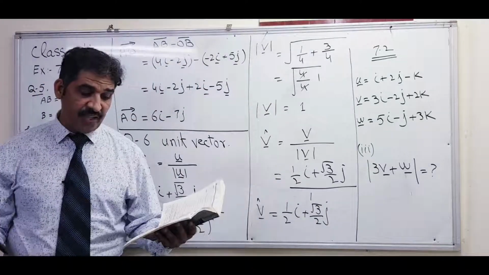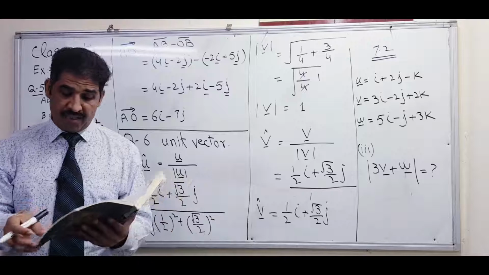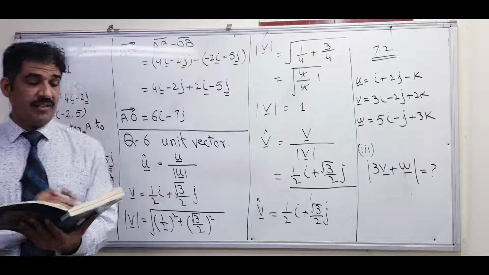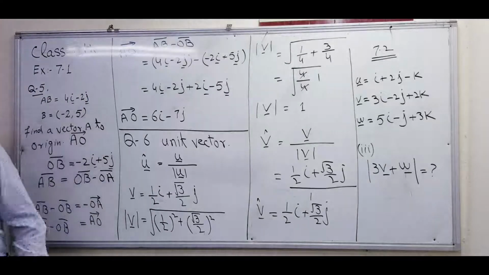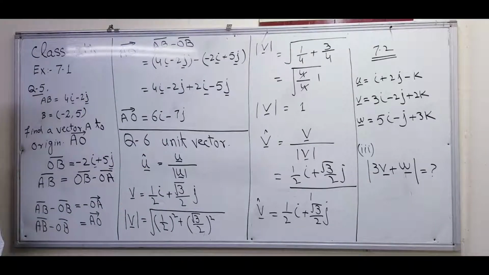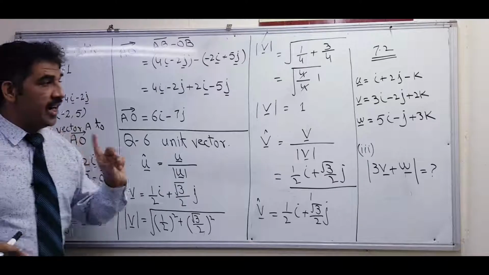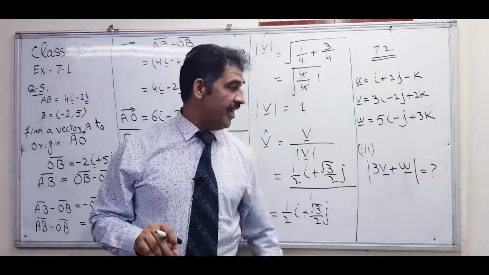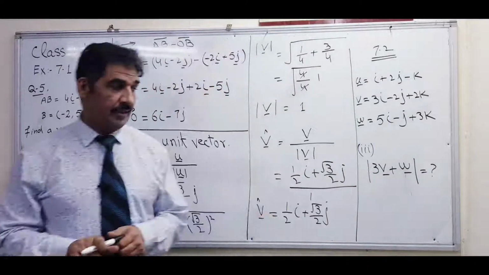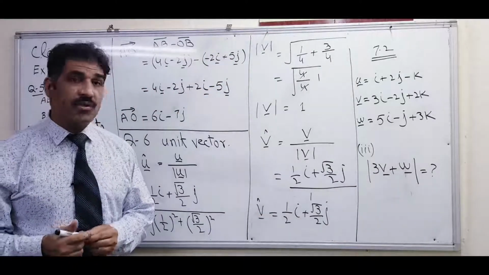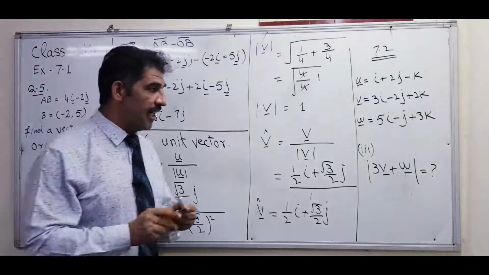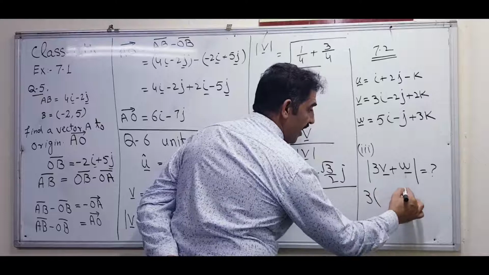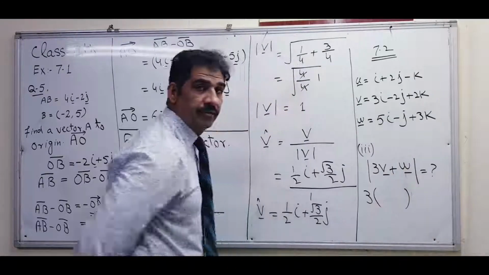The procedure is the same. Question numbers 1, 2 and 3 are also assignments of exercise 7.2. You have to find 3v plus w. Solve it now, but the remaining two parts you have to solve as homework. I can give you one clue: first multiply 3 by vector v, all values.